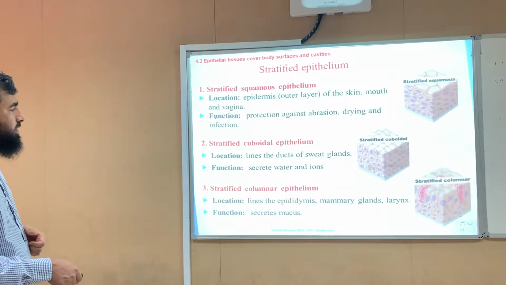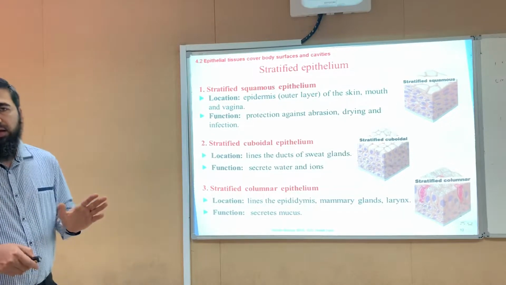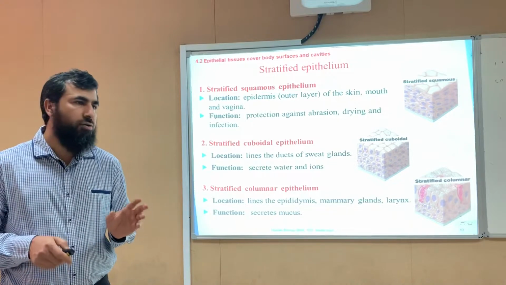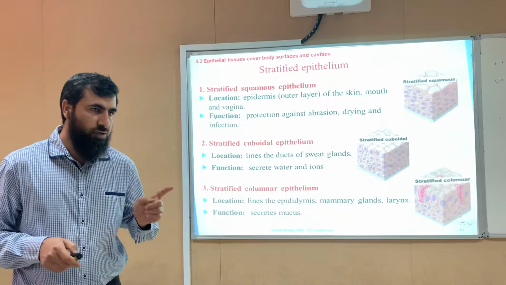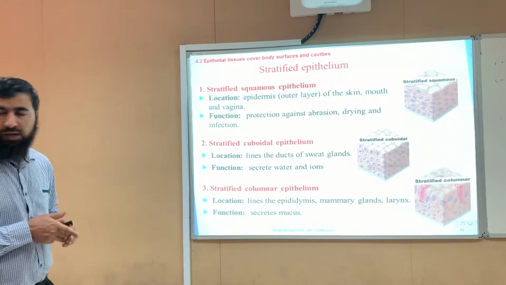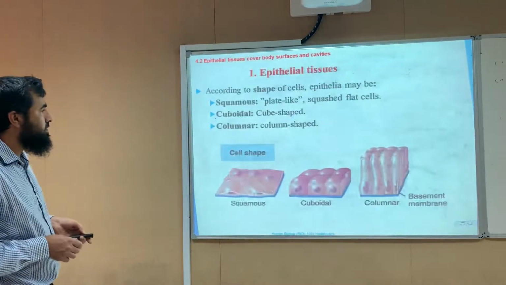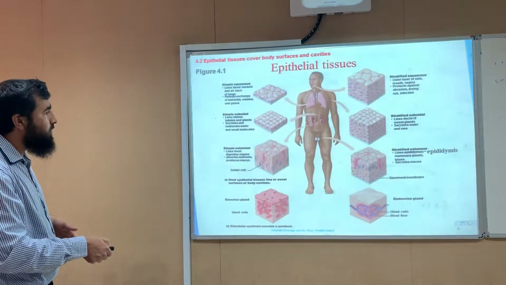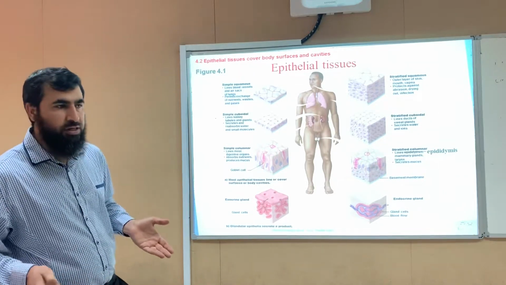We find these in the epididymis, which is a duct or a channel or a tube, you could say, found in the male reproductive system where the sperm travels through, okay? So you find the lining of that tube. The sperm in the male are produced in the testicles, okay?